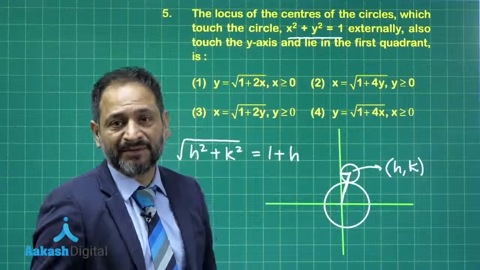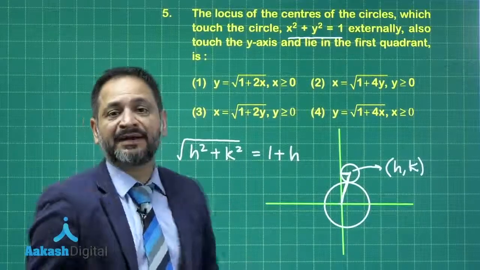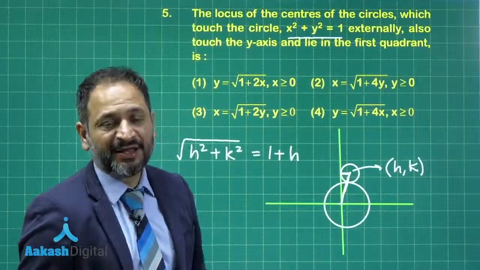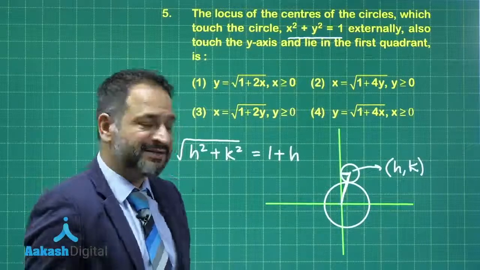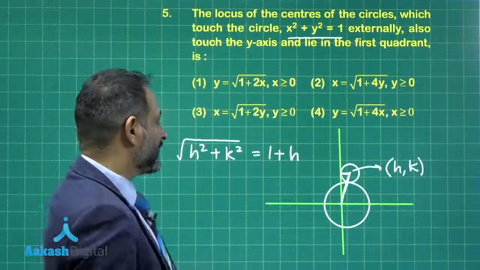Now this is simply an equation in h and k, and by simply squaring this equation you will get the locus.